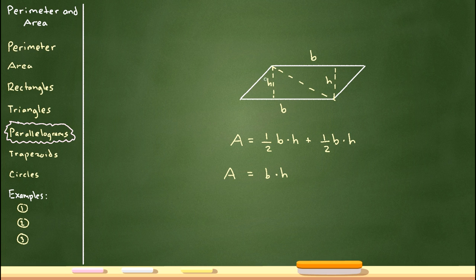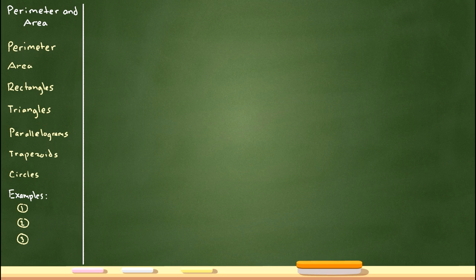It's important to keep in mind that this diagonal distance is not too relevant, depending on the information given, but be careful not to mistake it for the height. The height is the vertical distance from one base to the other base. Okay, so that's the area of a parallelogram.